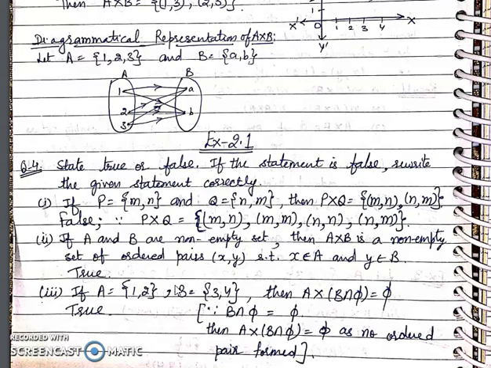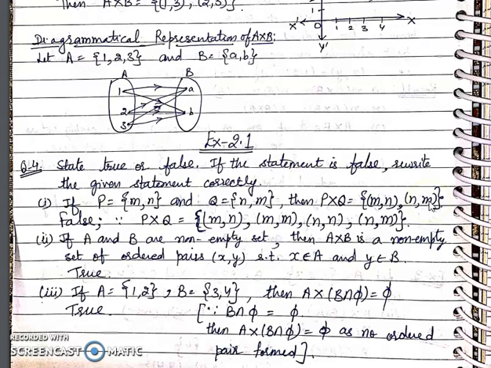Now come to exercise 2.1, question number 4. State true or false. If the statement is false, rewrite the given statement correctly. If P is the set having elements m, n and Q is the set having elements n, m, then P cross Q is equal to {(m,n), (n,m)}.